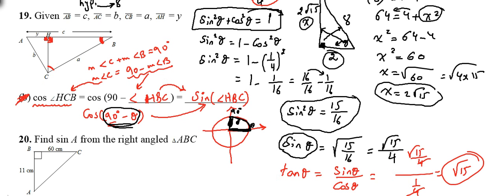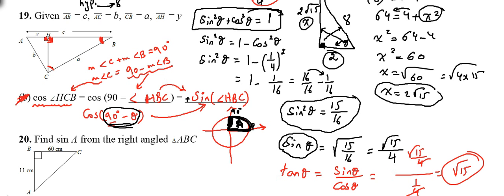Theta is an acute angle, so here all of the trigonometric ratios will be positive. That's why it's positive here, and the ratio will change because the cosine goes to the y-axis if the angle was 90. So that's why it is changed from cosine to sine.